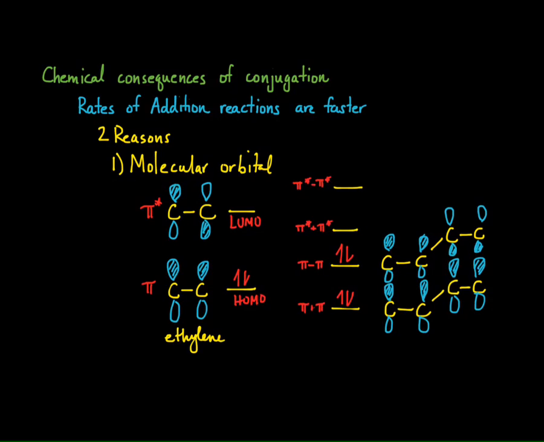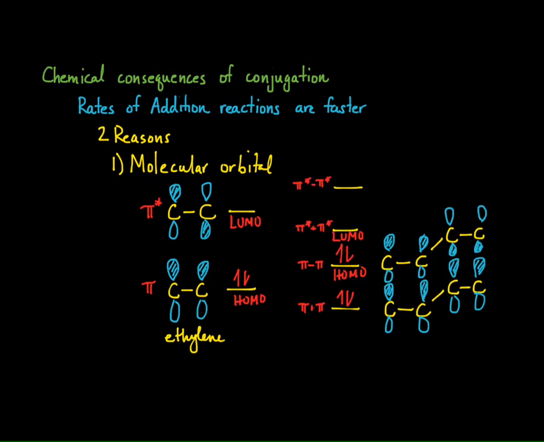When we mix two ethylenes together, the HOMO of 1,3-butadiene is actually a little bit higher in energy than the HOMO of ethylene. Conversely, the LUMO of 1,3-butadiene is a little bit lower in energy than the LUMO of ethylene by itself.